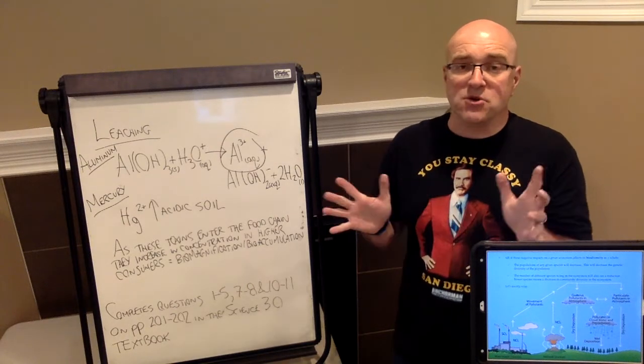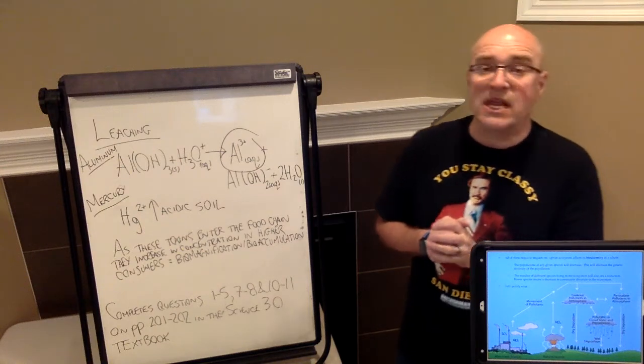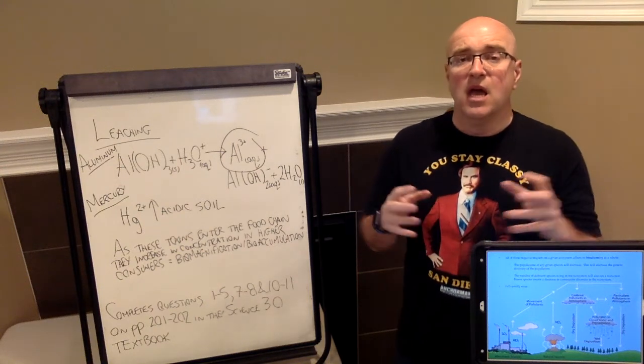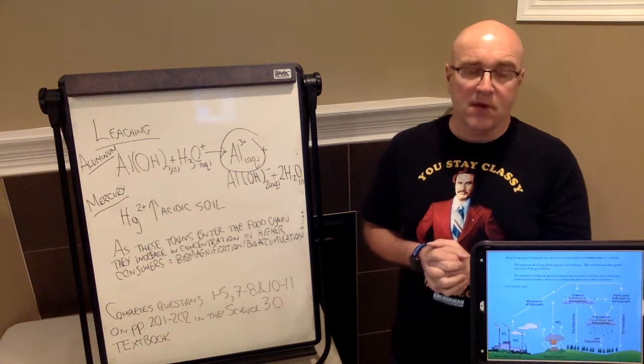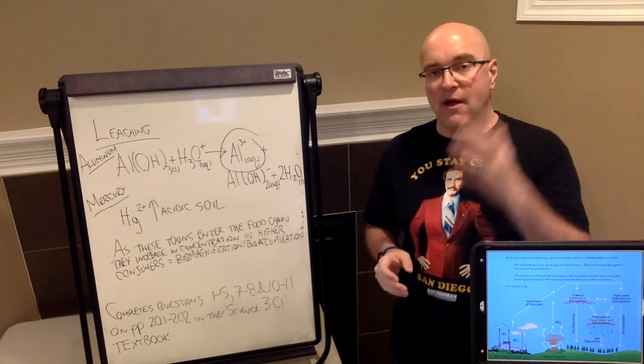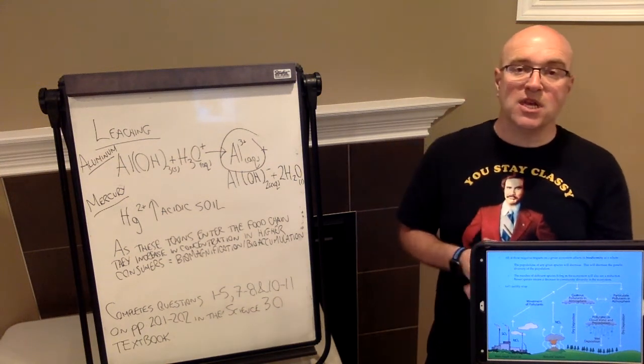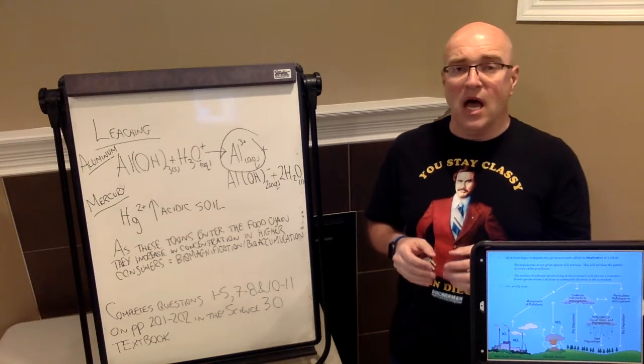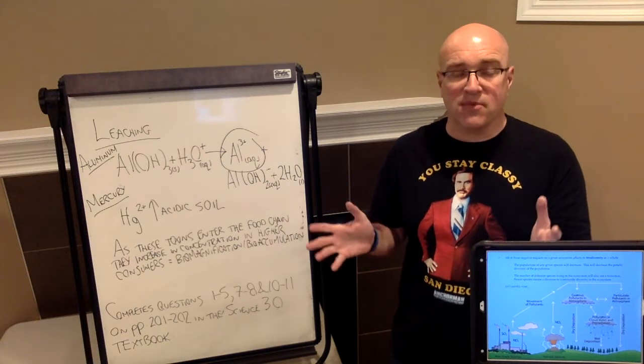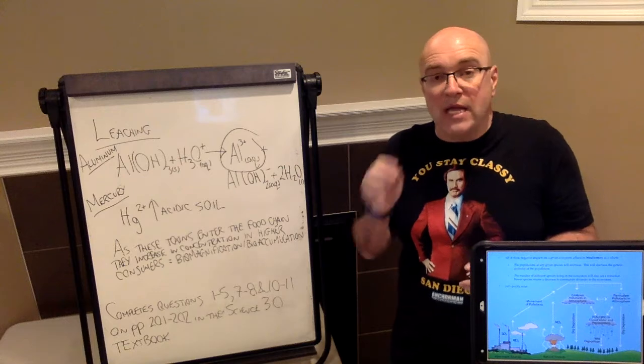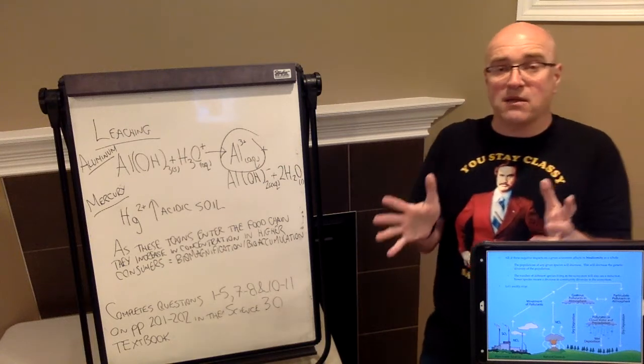This is going to have a major impact on the biodiversity of any given ecosystem. You cannot pepper an ecosystem year after year after year with acid deposition and not expect to eventually see some symptoms.